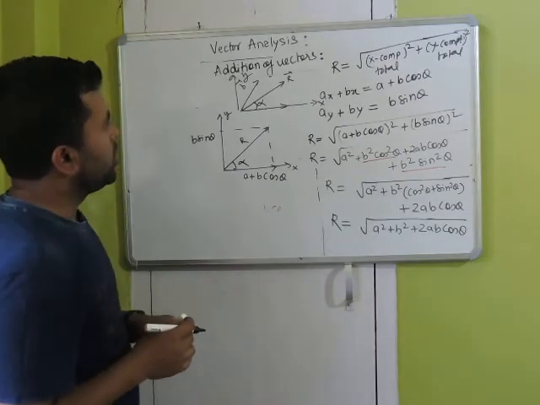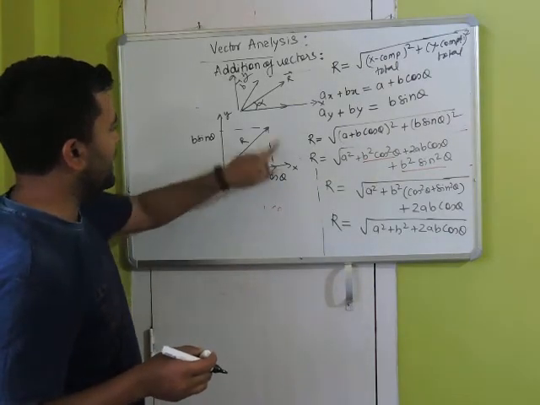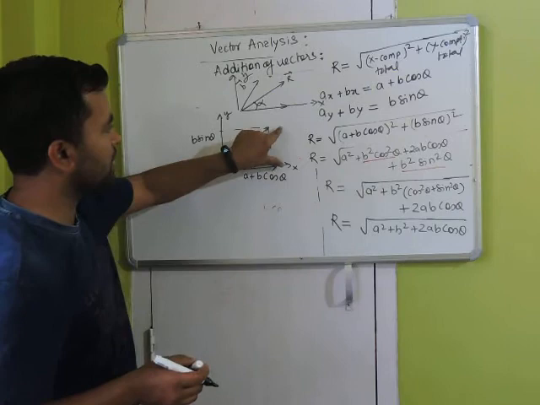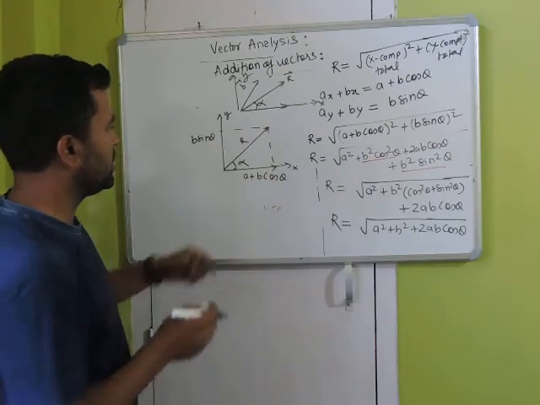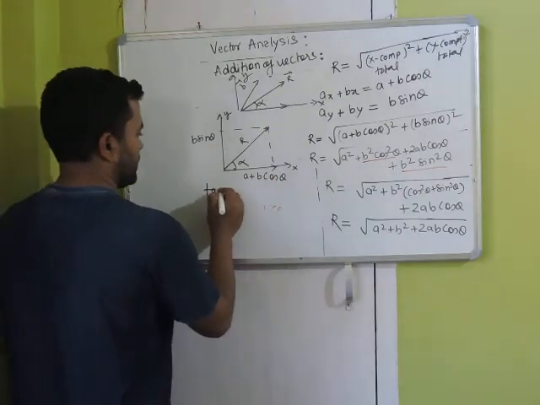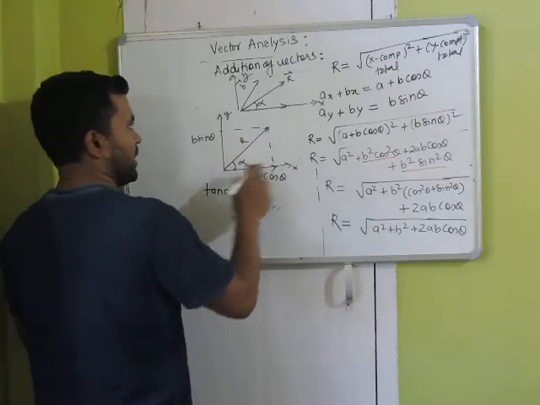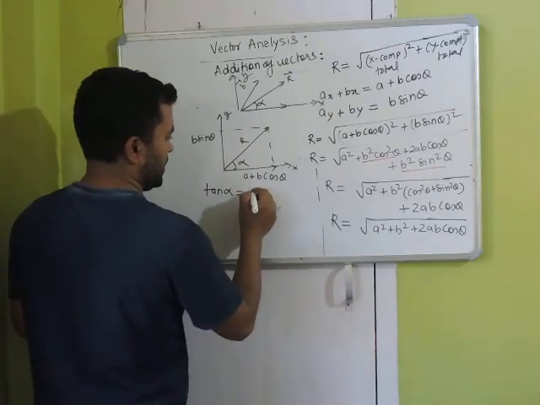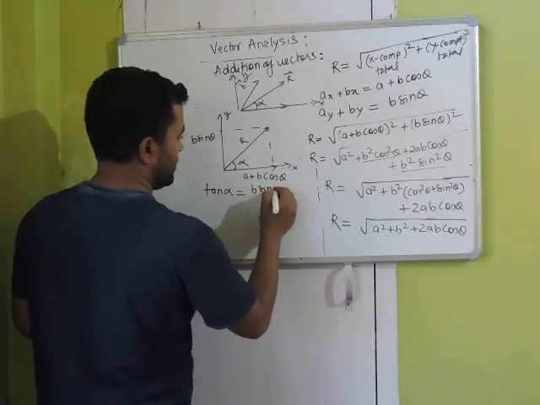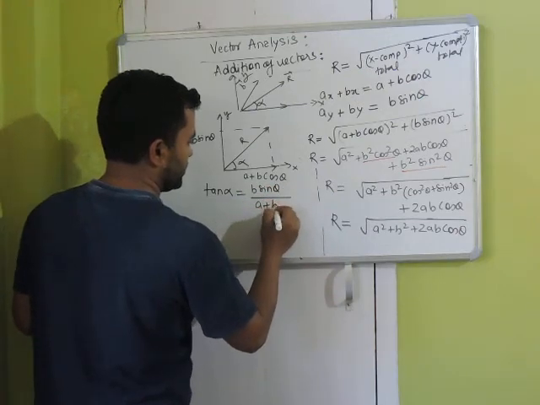So tan alpha is nothing but perpendicular by base, so in this triangle tan alpha will be b sin theta by a plus b cos theta.